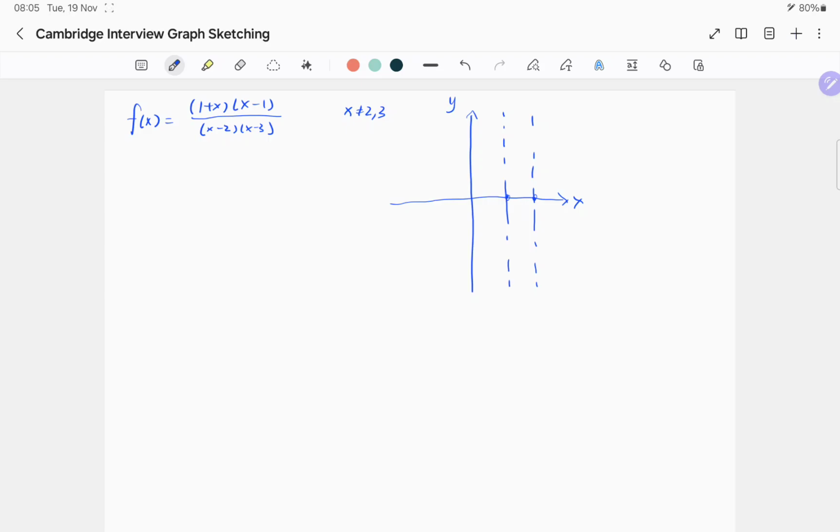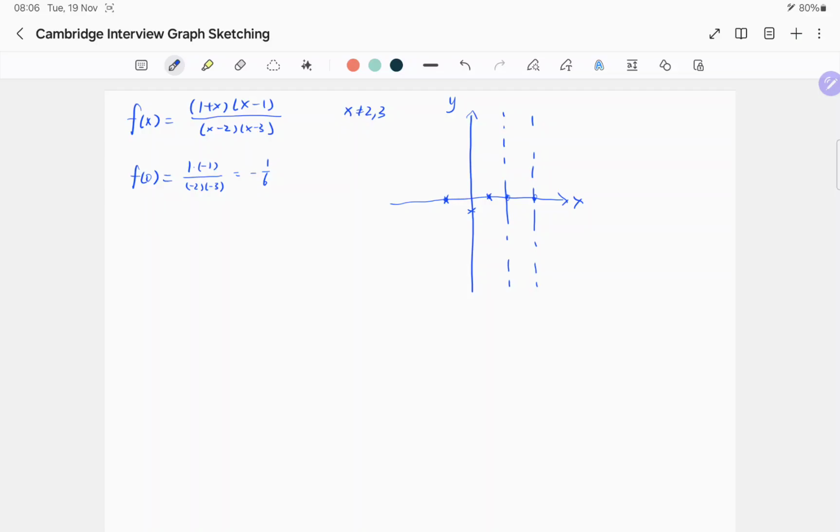Well, what are the zeros? When x is equal to 1 and when x is equal to negative 1, it is a 0. You may like to find out when x is 0, what is the value of f. f(0) is equal to 1 times negative 1 over negative 2 times negative 3, which is negative 1 over 6. So it is here.